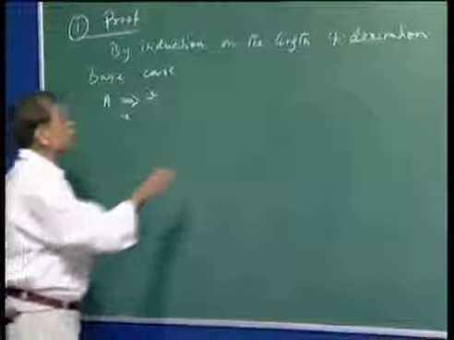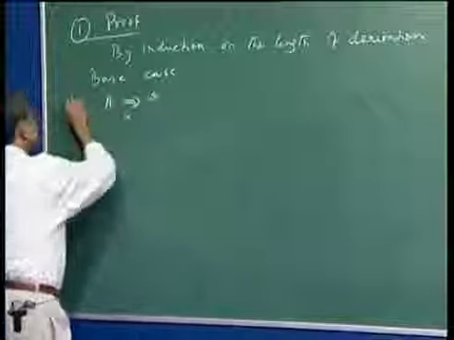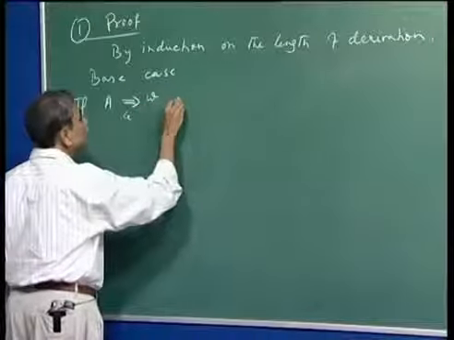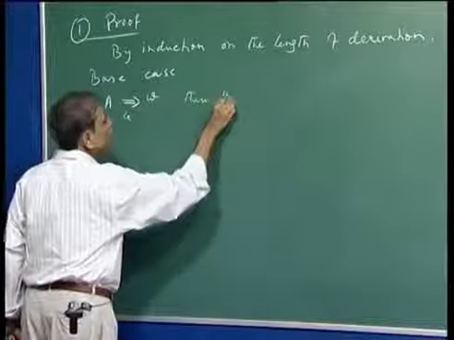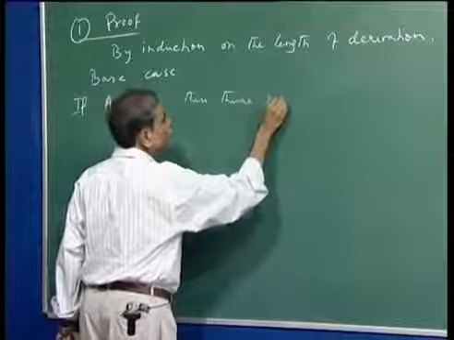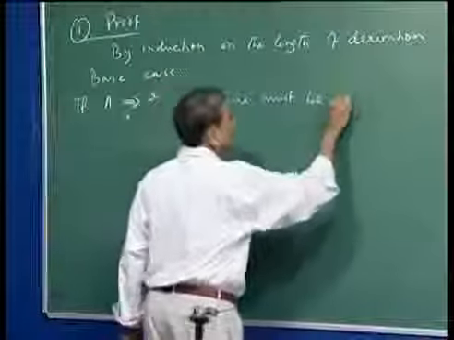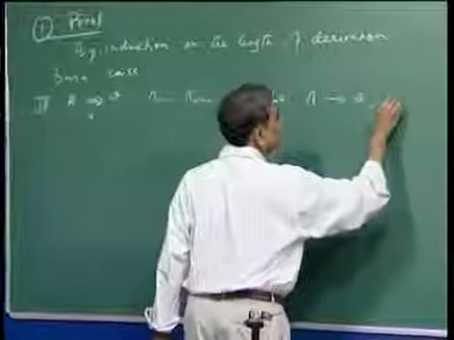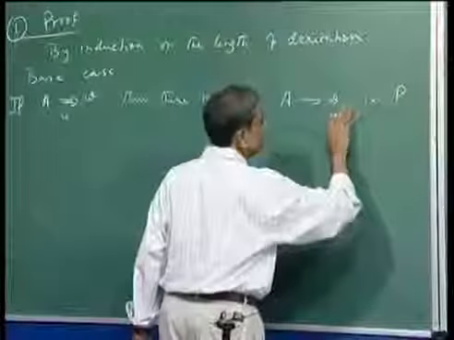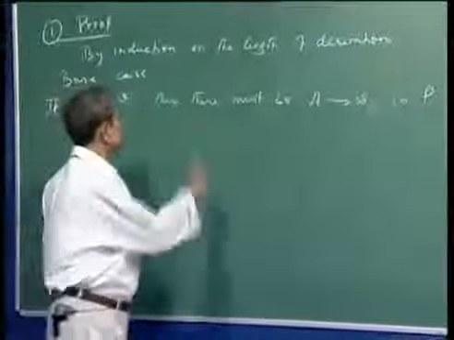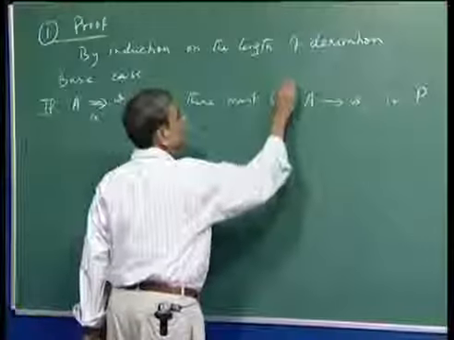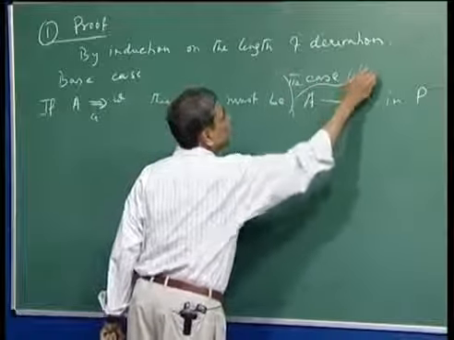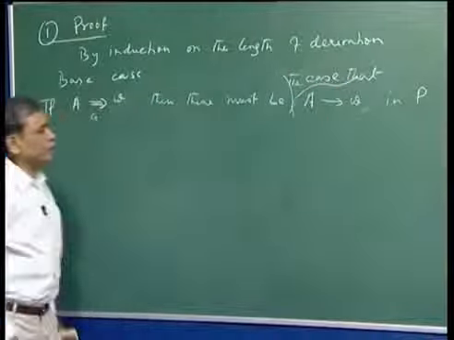That means, if in one step we derive from A the string W, then there must be A goes to W in the set of productions P. So, there must be the case that A goes to W is in P.